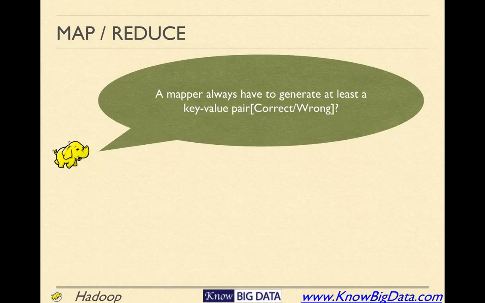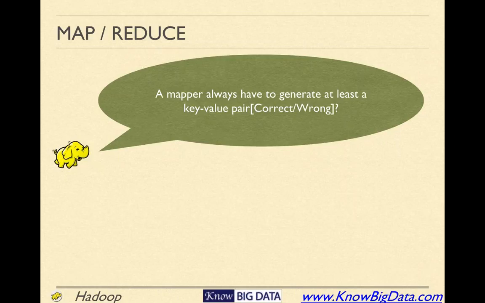It's a very important question, because as you will see when we discuss Apache Spark in detail, there the default mapper means one input, one output. But in case of Hadoop, that's a big difference.